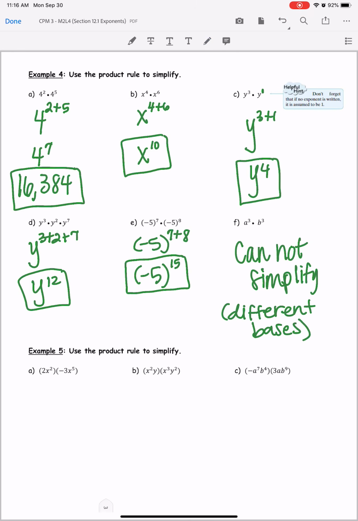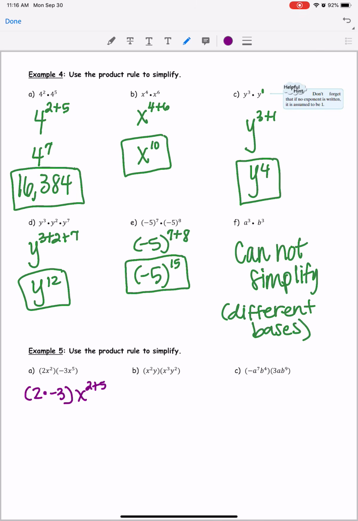Okay, on example 5, we're doing the same thing, but I'm taking all of these a step further. On A, still multiply your numbers together like you normally do. So we're going to do 2 times negative 3, and then we'll add our exponents together. You got an x and an x, so we'll do 2 plus 5.